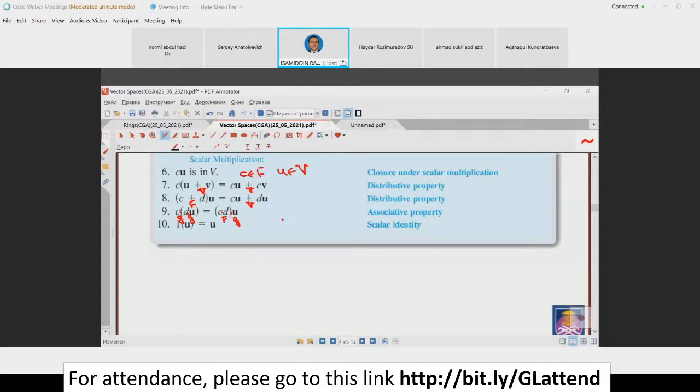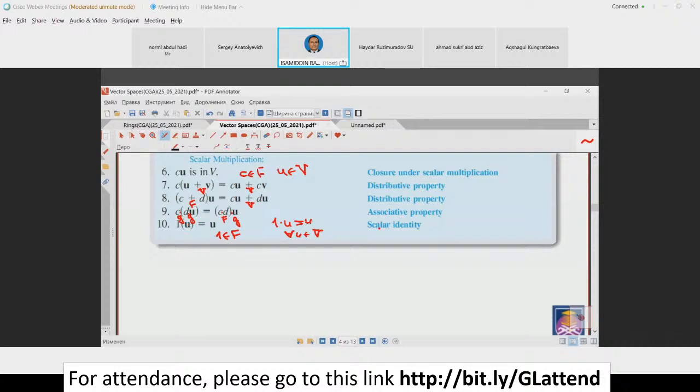Here, 1 times U is U for any U from V, and this 1 is the identity element of F. Scalar 1 times any element of V must be itself.